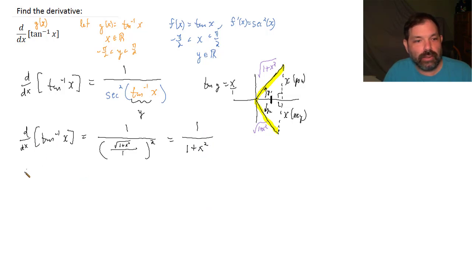So d by dx of the arctangent, or tangent inverse x, is 1 over 1 plus x squared.